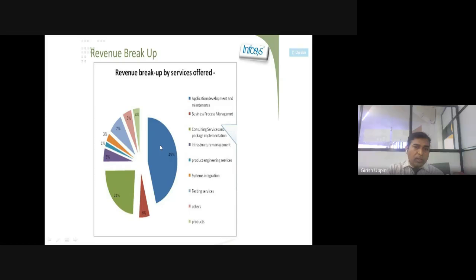So those are the two predominant areas constituting about three-fourths of its revenue. And there are also other sectors it works on, like business process management, BPM, product engineering services, infrastructure engagement, system integration, testing services, and products development. So it's a very small portion, 4%.